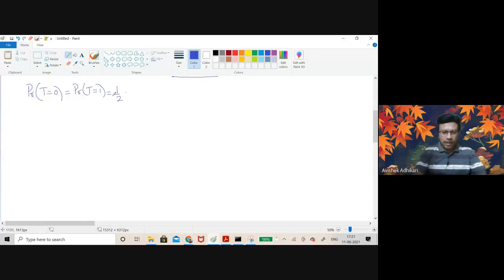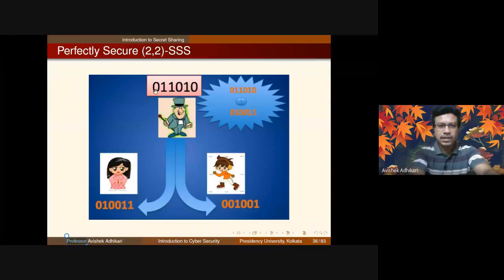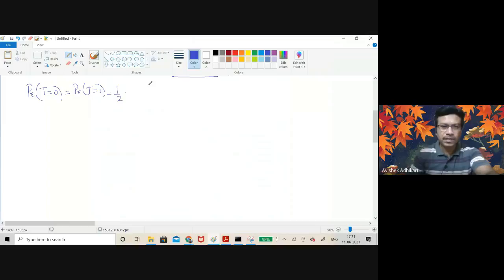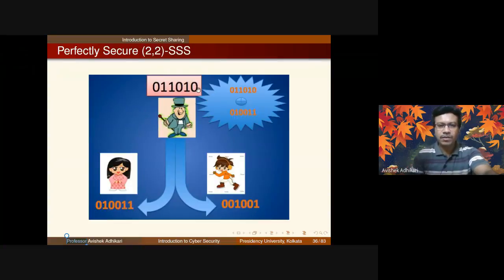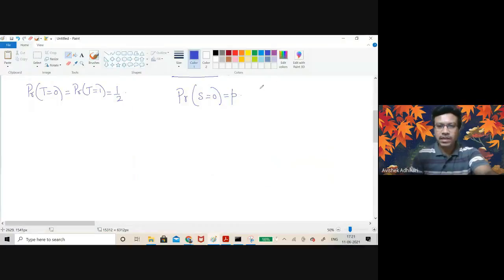Now suppose this is my secret, and suppose there is some probability distribution over this secret. That means suppose the probability of a secret bit to be 0 is p. Then the probability of it to be 1 will be 1 minus p, since this is a binary random variable.